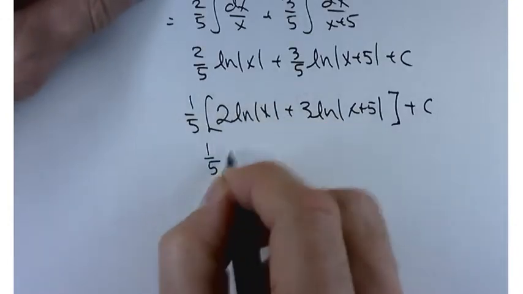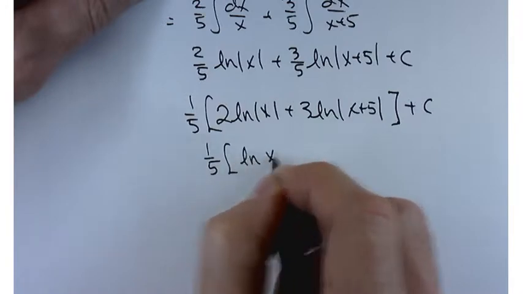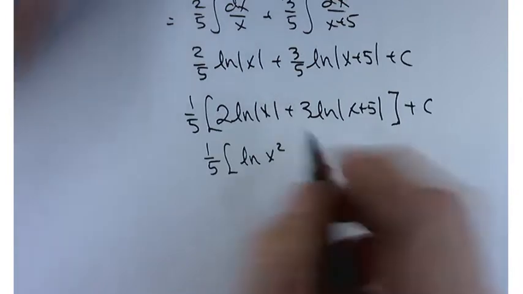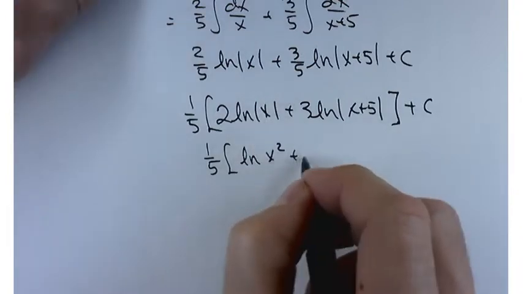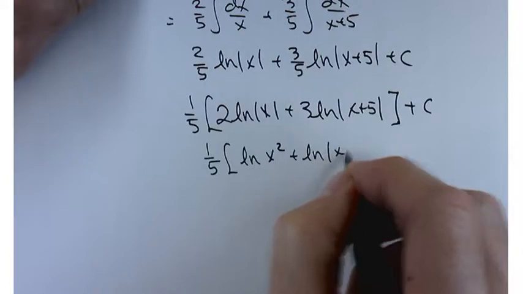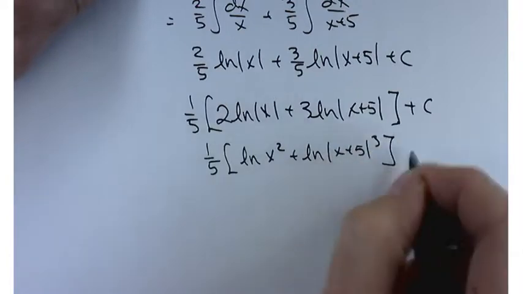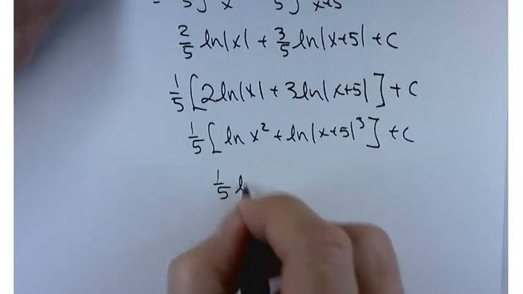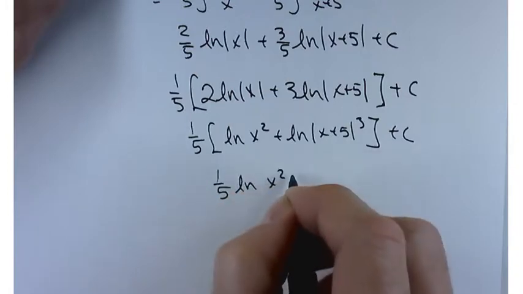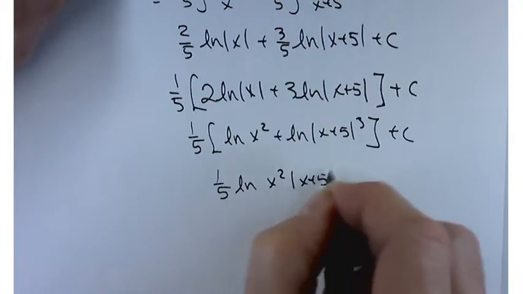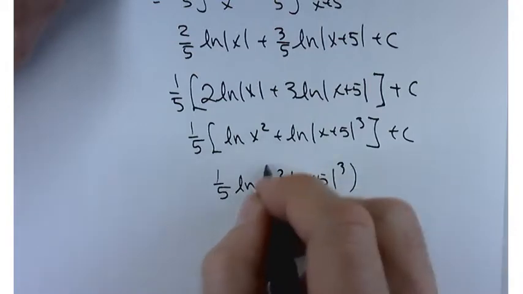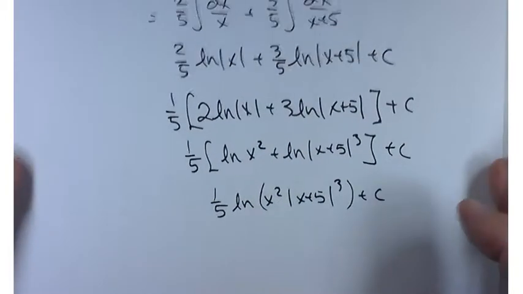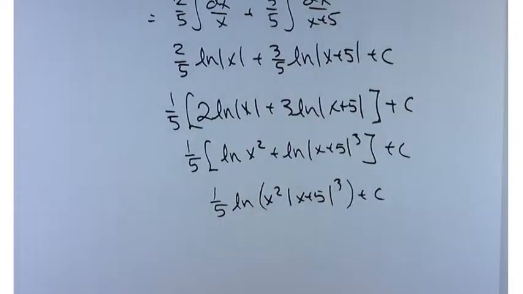So it's 1/5 ln of x squared. I don't need the absolute value anymore because it's necessarily going to be positive, plus ln of x plus 5 to the third power. And then finally, 1/5 ln of x squared times x plus 5 cubed, just using the product rule here. So there really is a fair amount more that you could do. I'm not going to worry about that so much.